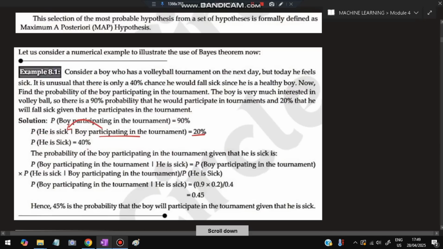Now what you have to calculate is the probability of the boy participating in the tournament given that he is sick. Don't confuse it with this. This one is where we are sure that he will participate, and we ask the probability that he will be sick. This one is the reverse: given that he is 100% sick, what is the probability that he will participate in the tournament.